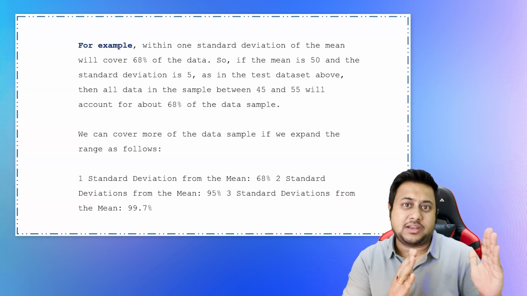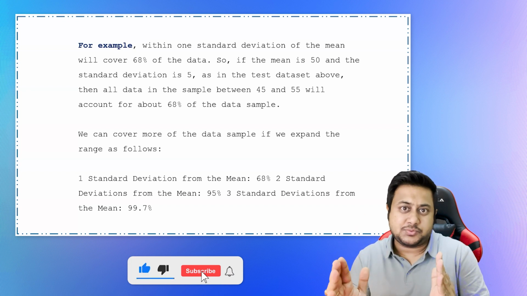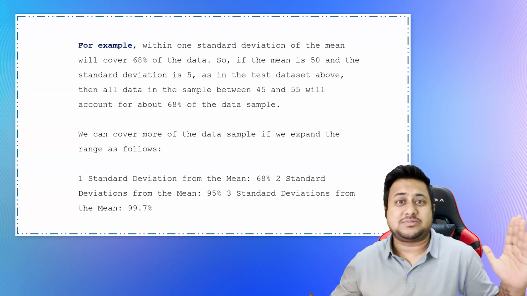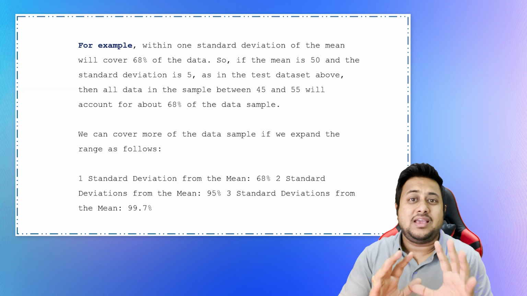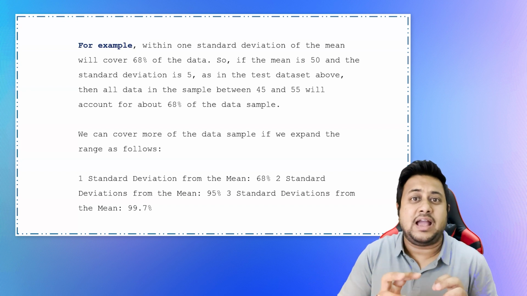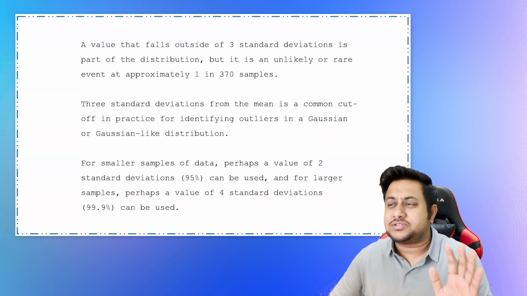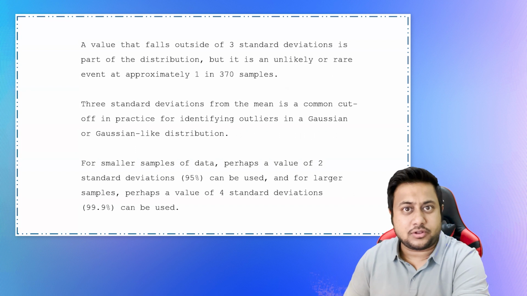If 50 is your mean and 5 is your standard deviation, 45 to 55 is plus minus 1, 40 to 60 is plus minus 2, 35 to 65 is plus minus 3. Anything beyond plus minus 3 is logically considered as an outlier. Okay, but that's not the case in all the scenarios. And that is one of the reasons why we came across this algorithm.